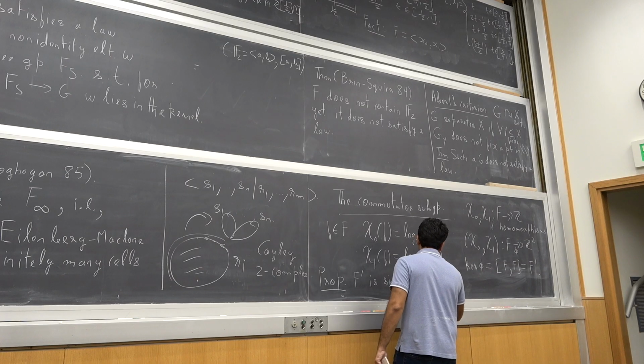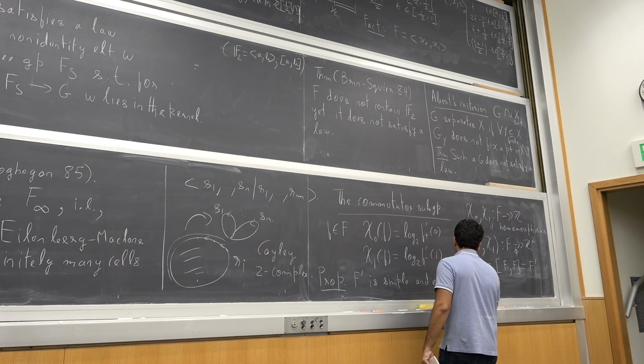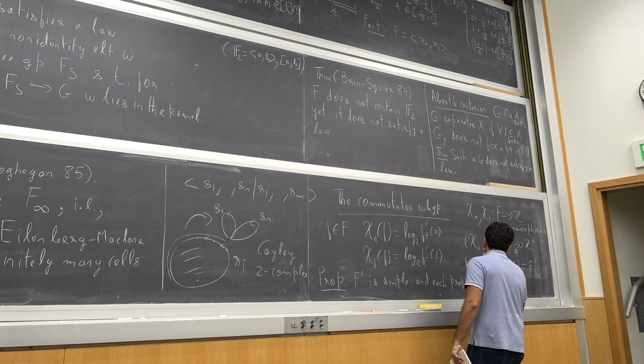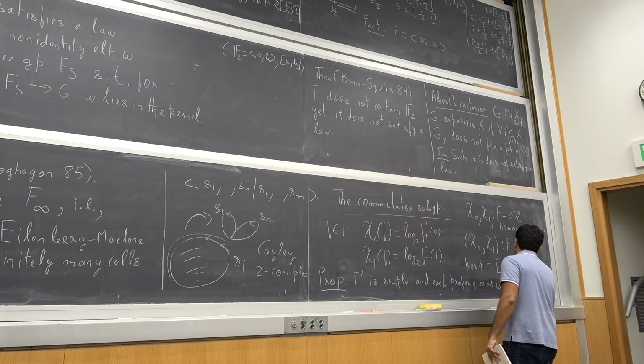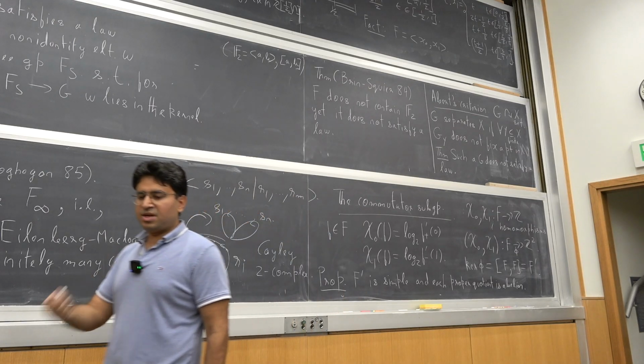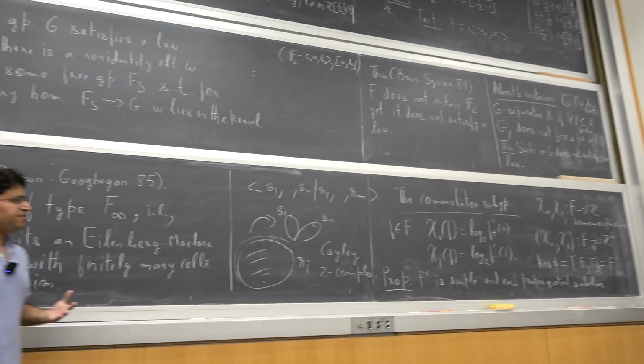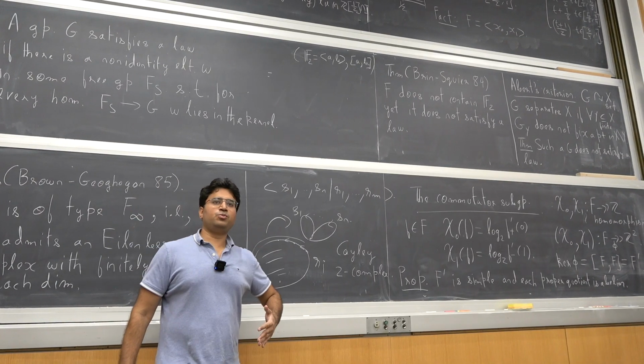And each proper quotient of F is abelian. So the group F itself is not simple, but its derived subgroup is simple. Every normal subgroup of F contains the derived subgroup.